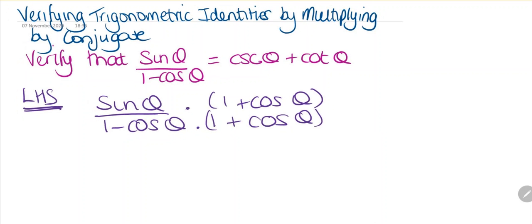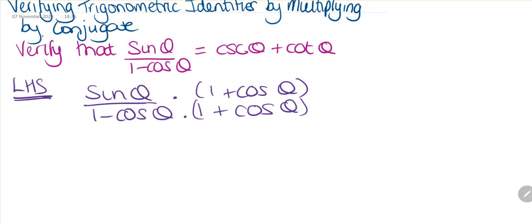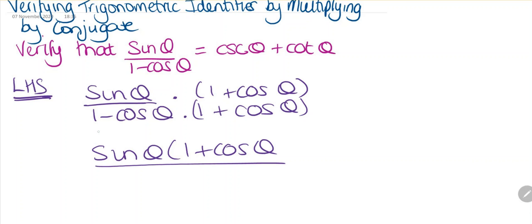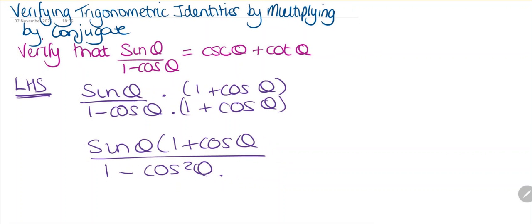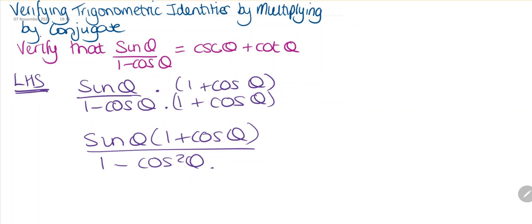If we do that, we'll have sine of theta multiplied by 1 plus cosine of theta. And then on the bottom, we'll have 1 minus cosine squared theta. Now we know from the Pythagorean identities that 1 minus cosine squared theta is equal to sine squared theta.